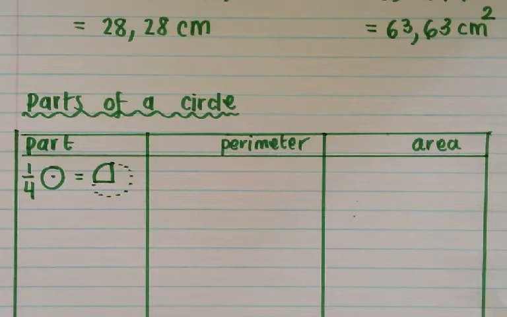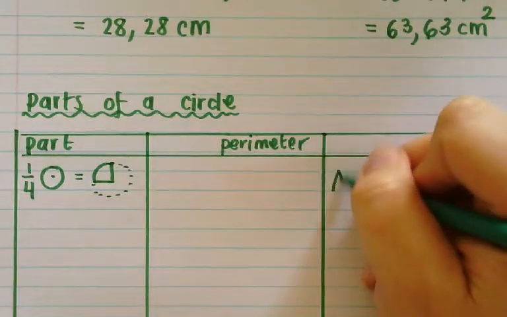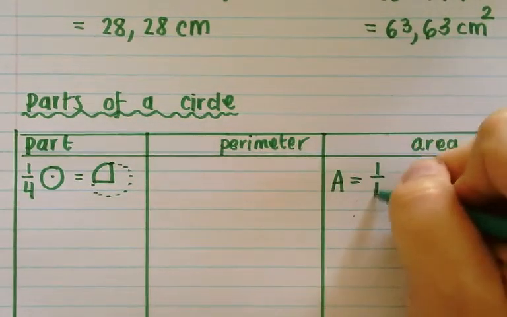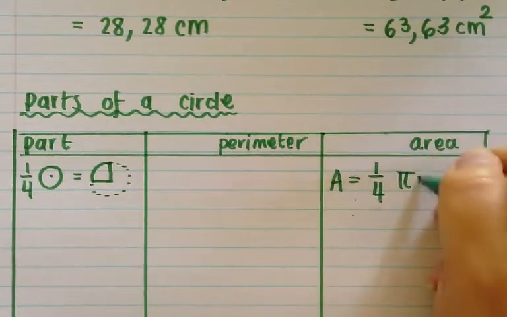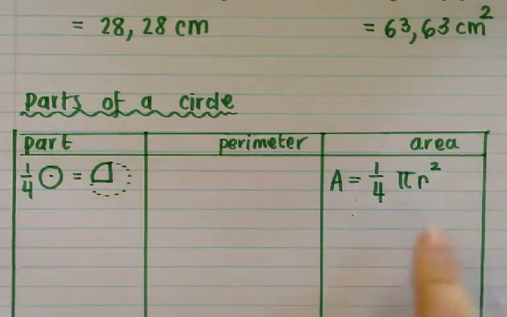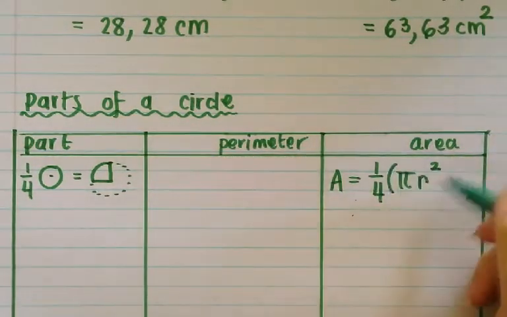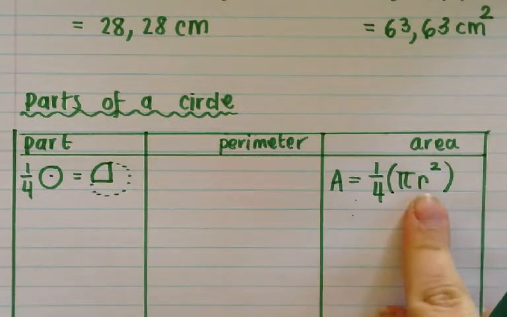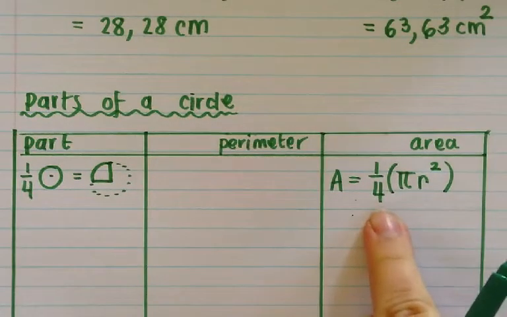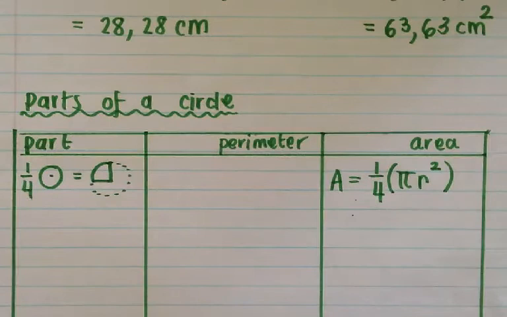Now if I was dealing with area, that would just be a quarter of my area, right? I just want a quarter of my circle, therefore I want a quarter of the space on the inside of that circle. No problem. So there's my whole circle. But I only want a quarter, so I times it by a quarter. Area is no problem.